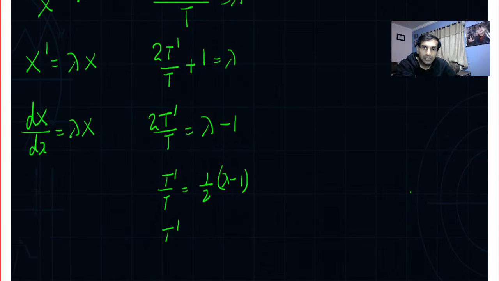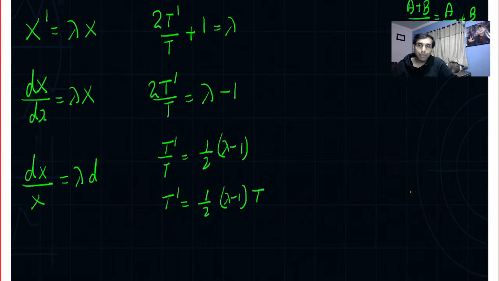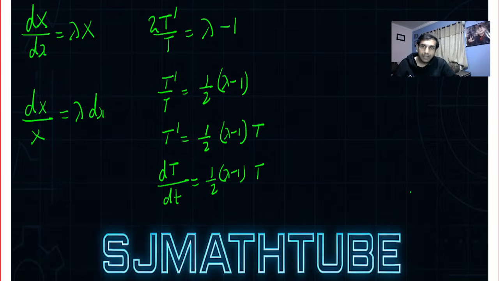So t dash is equal to half (lambda minus 1) t, and we are going to get something very similar. So I'm going to write this as dx by x is equal to lambda into small dx, and here it will be dt by small t is equal to 1 by 2 (lambda minus 1) into dt, and here integrating gives us log x equal to lambda x plus c1.